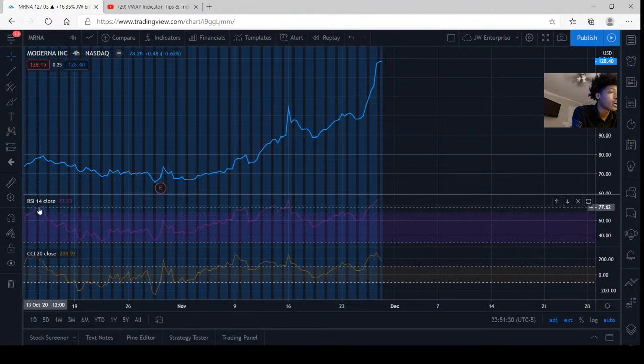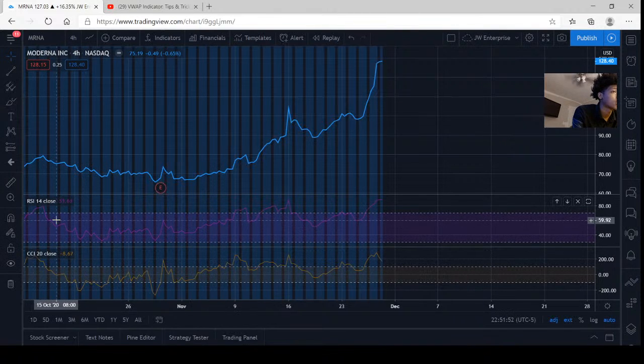But I follow my RSI with my CCI, and basically my CCI tells me if my RSI chart is oversold or overbought. So that's what that is.